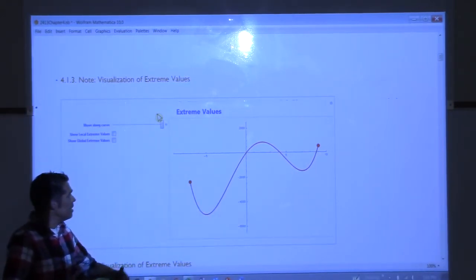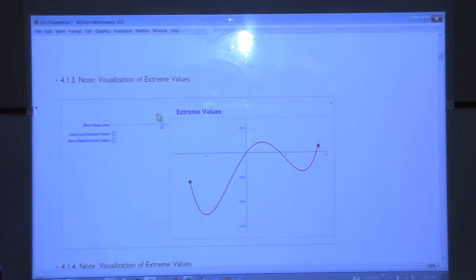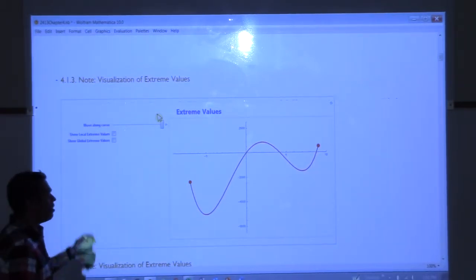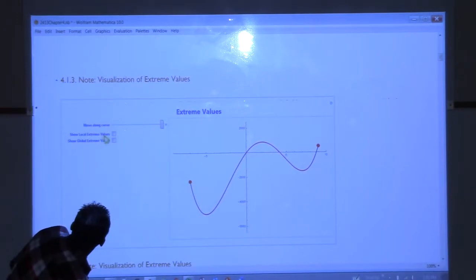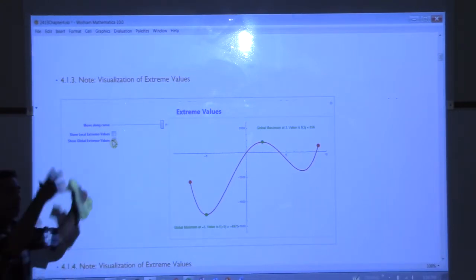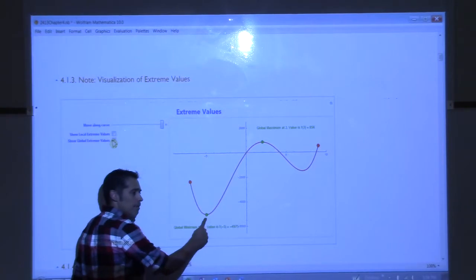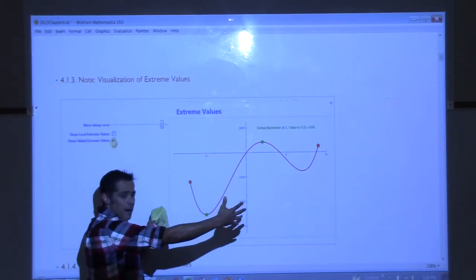When we talk about the absolute maximum and absolute minimum, we're looking for the highest and lowest points on the graph. So here is your global maximum, your absolute maximum. This point right here is your global minimum, the lowest point on the whole graph.